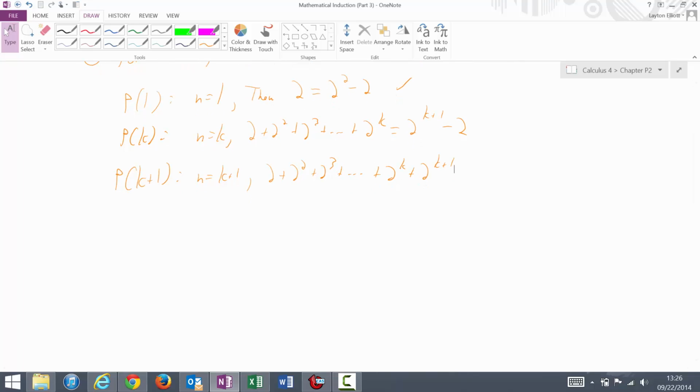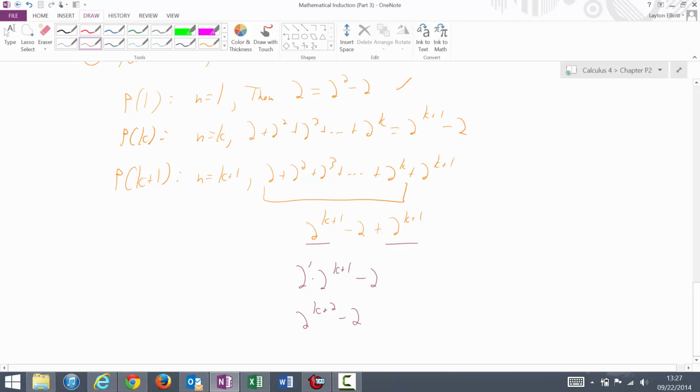And I can simply substitute that with 2 to the k plus 1 minus 2, and then add another 2 to the k plus 1. Well, algebraically, these are now like terms, so I have 2 times 2 to the k plus 1 minus 2, and that's the same as 2 to the first times 2 to the k plus 1, and if I multiply with the same base, I add the exponents: 2 to the k plus 2 minus 2, and thus that is shown. See, short one.